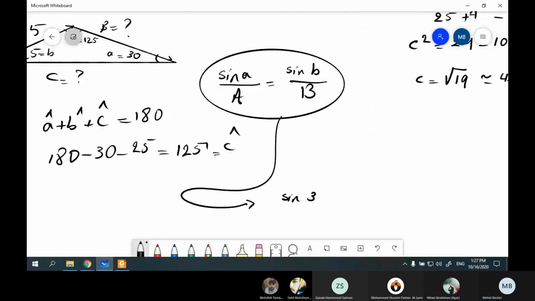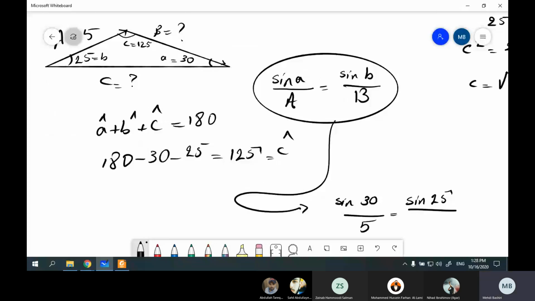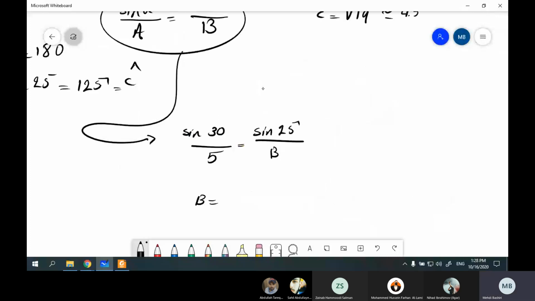Sine of 30 over 5 is equal to sine of 25 over B. So we can easily find B. B is 5 dot sine of 25 divided by sine of 30. The answer is 4.22.